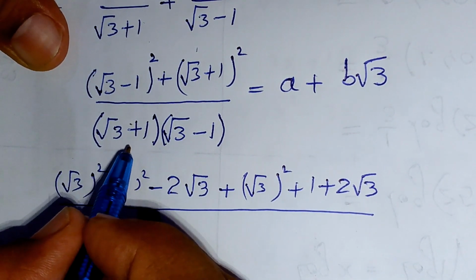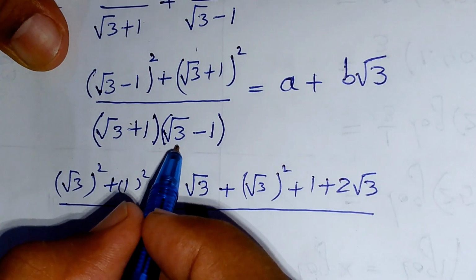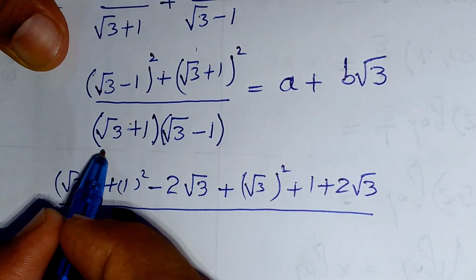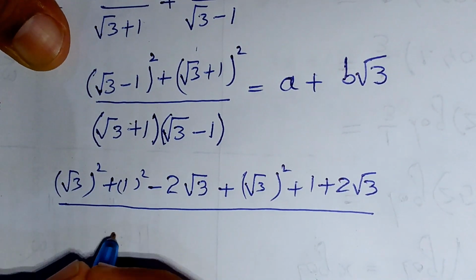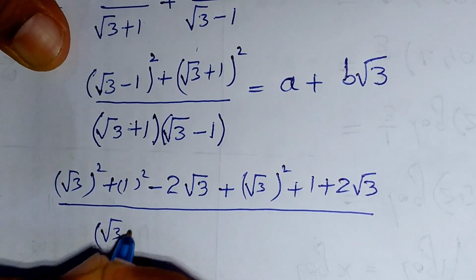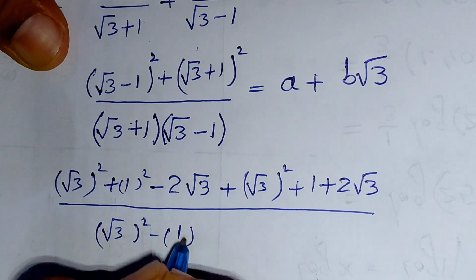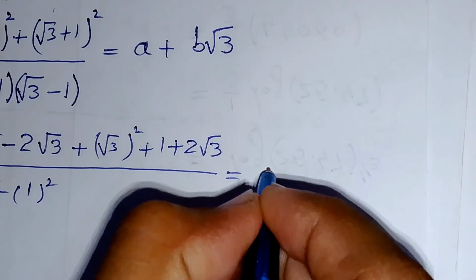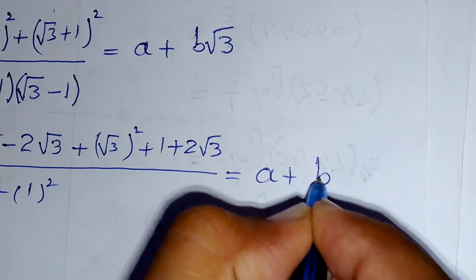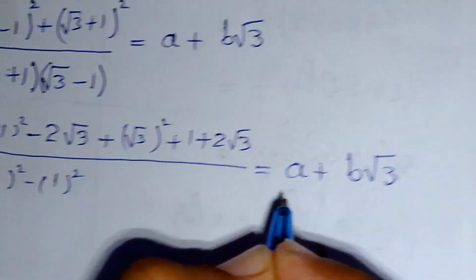Here we will apply the formula a plus b into a minus b is equal to a square minus b square. So here we can write this under root 3 whole square minus 1 whole square, and here is a plus b under root 3.